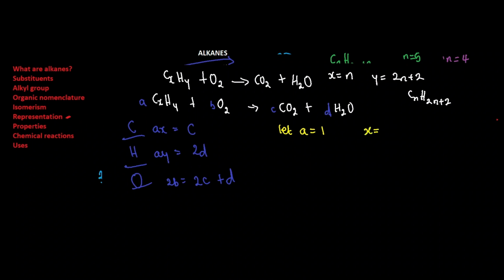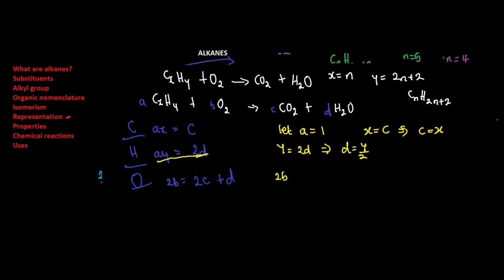So if a equals 1, then x equals c, which implies that c equals x, right? Now, given that c equals x and a equals 1, we could also apply a equals 1 in this case. This would mean that y is equal to 2d, which implies that d is equal to y over 2.